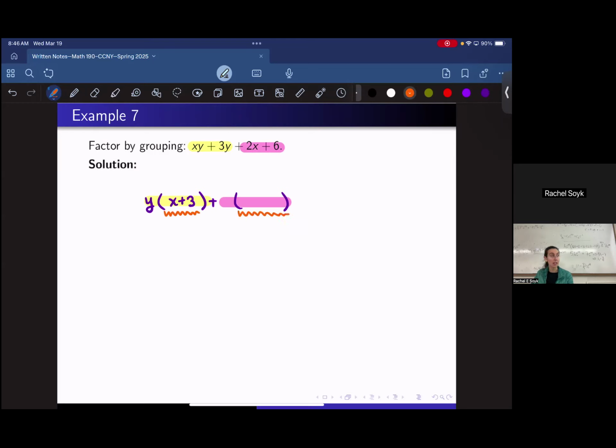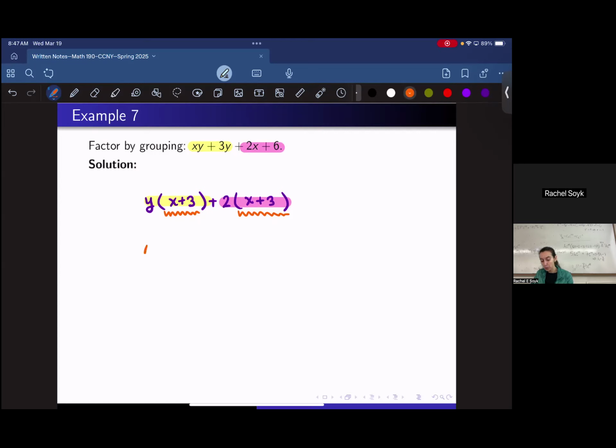Now, if we do this correctly, you will notice that what we have inside the parentheses should be the same. So now let's pull out a greatest common factor between 2x and 6. And when we do, what do we end up with? 2, and what's left in parentheses? x plus 3. What do you know? They're the same.